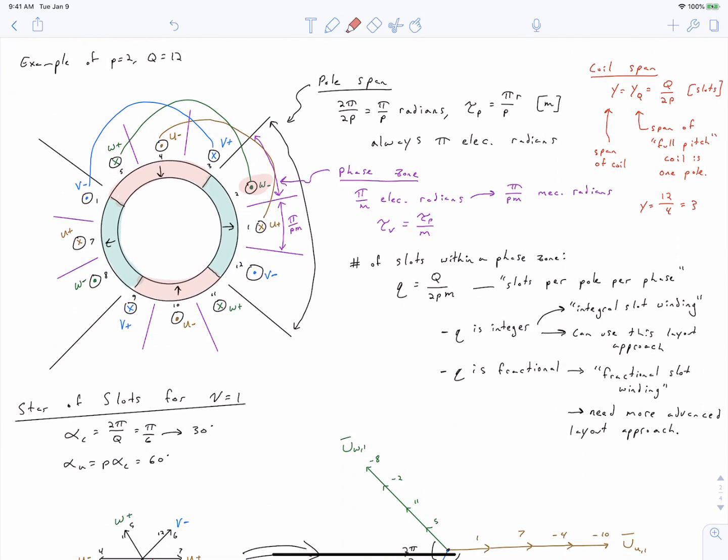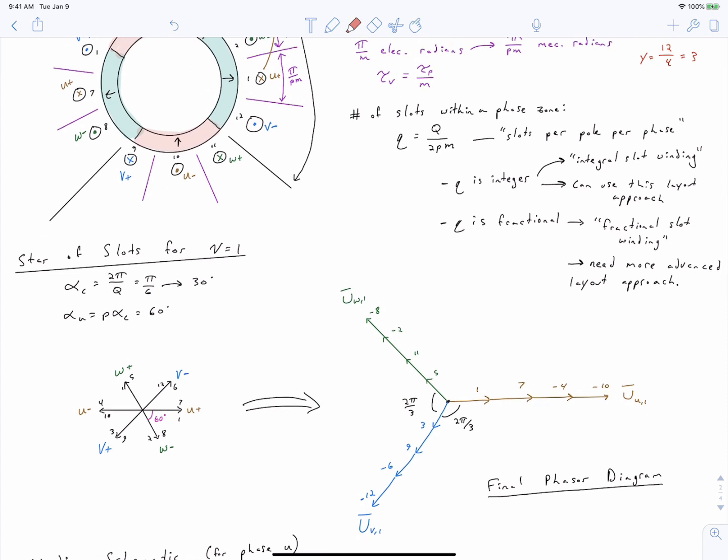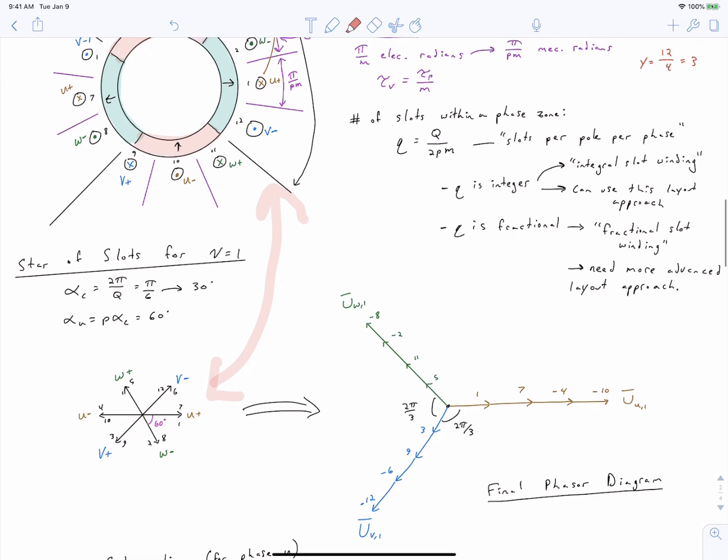We formalized this by talking about an approach to dividing our stator periphery into phase zones, where each slot in that phase zone is assigned to a certain phase. And then we noticed that we can equivalently represent this as a star of slots, where we repeat the star of slots pattern the same number of times as we have pole pairs, the same value as we have for P, which actually gives us a unique mapping between these two visualization tools.